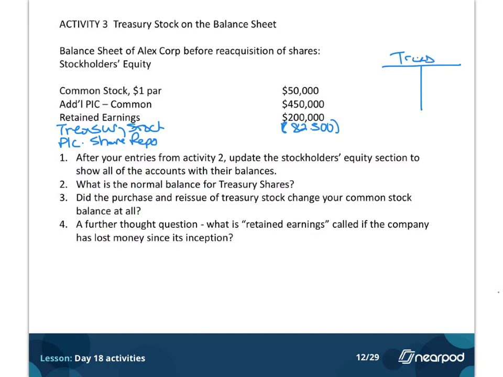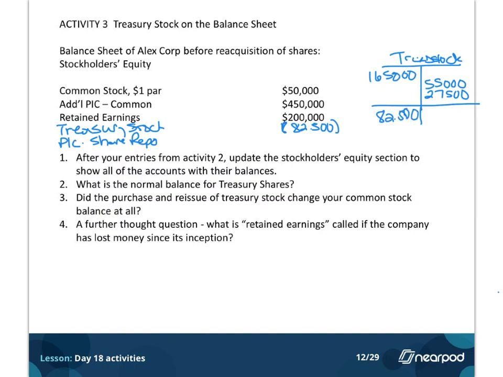Our Treasury stock, if you go back through all of the entries and look at the T account, I believe it has 82,500. Let's look real quick and see. It started at 165,000. We reissued 55,000. Then we reissued 27,500. So if we do the math, we're going to end up at 82,500.